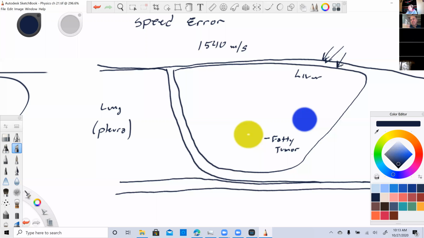Let's just say that that's all really close to 1540. So the beam comes down. What color should my beam be now? Nice and green. And that's traveling at 1540 meters per second.